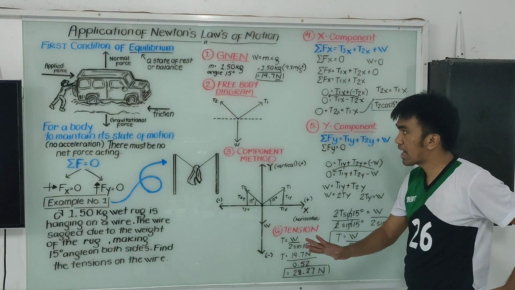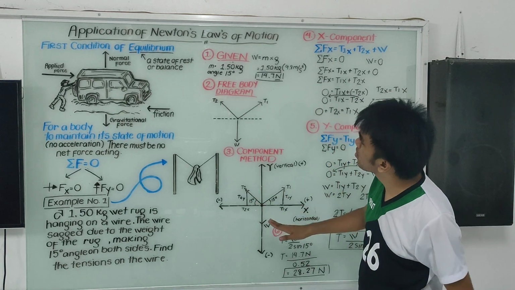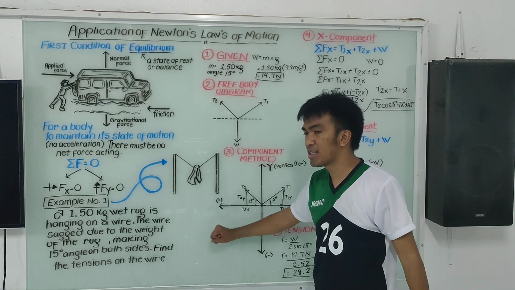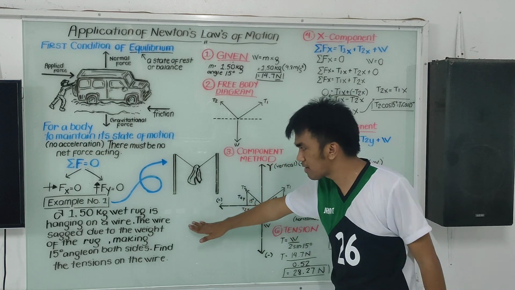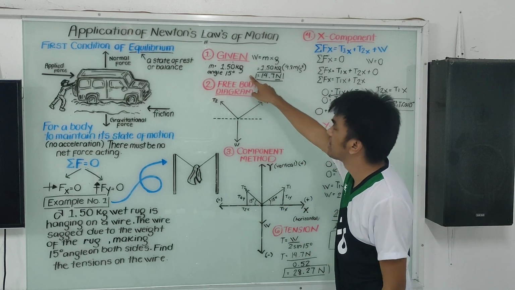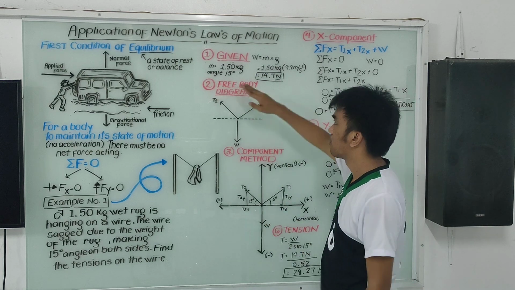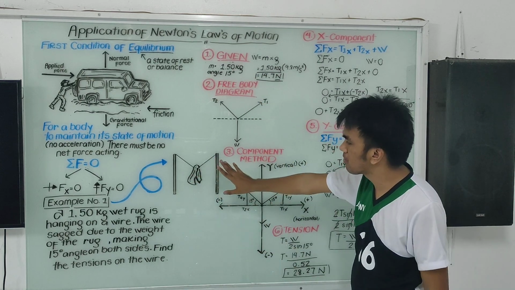So just a recap. First, when we're going to solve for this one, we have to identify the given. We have 1.50 kilograms, which is the mass, or the amount of matter in this wet rag, the particular object.